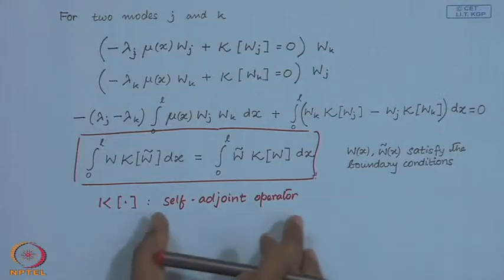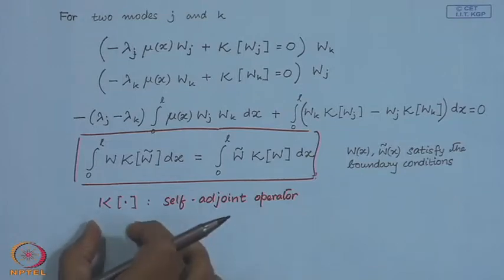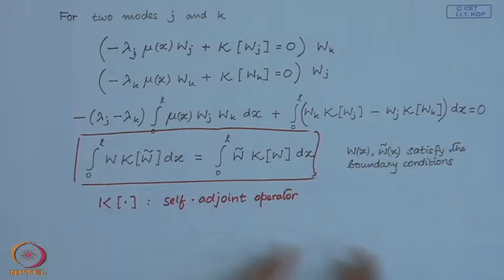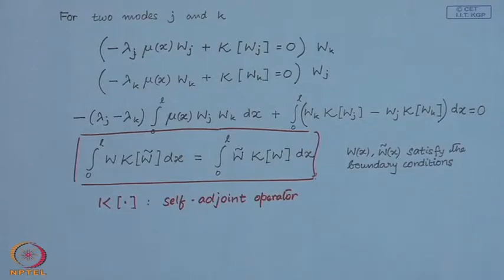So, self-adjointness of the stiffness operator is nothing but the symmetry of the corresponding stiffness matrix. So, what are the consequences of this symmetry?